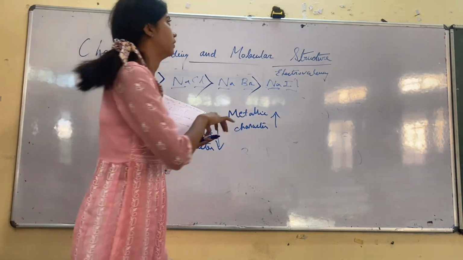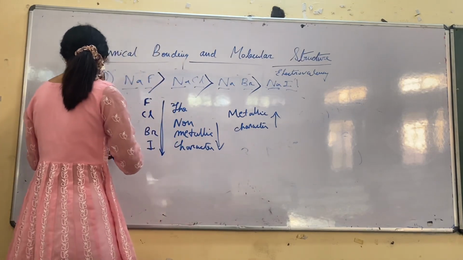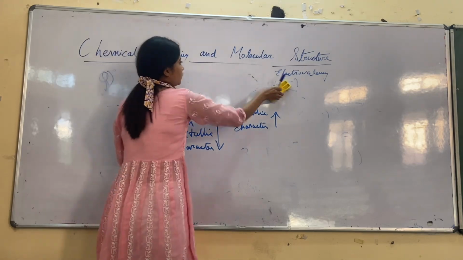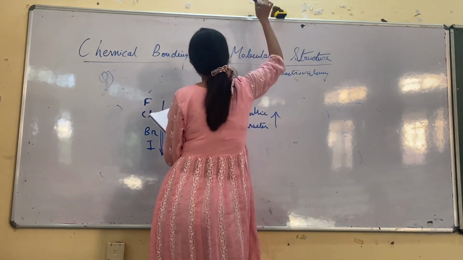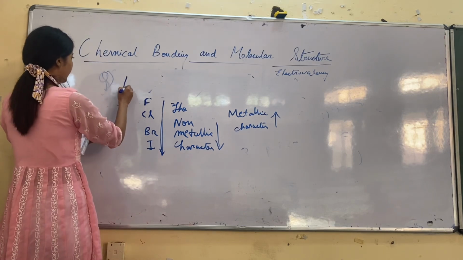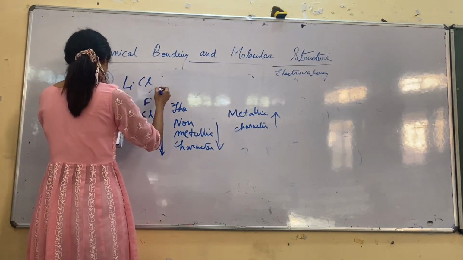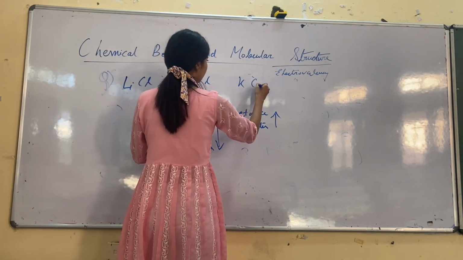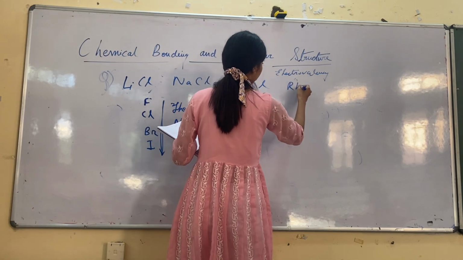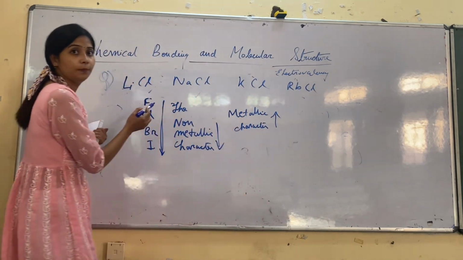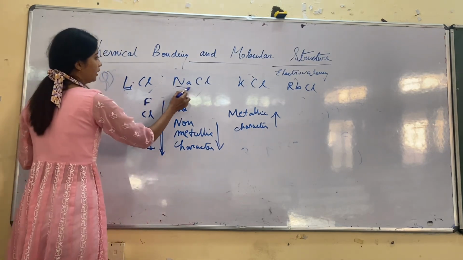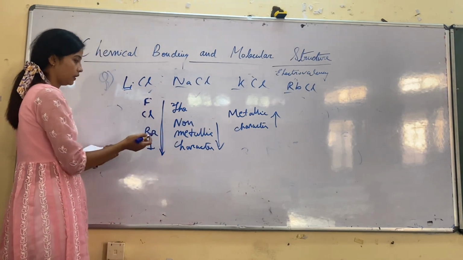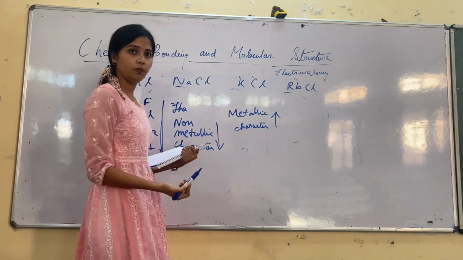We are going to take another question. Let us consider the next question: LiCl, NaCl, KCl and RbCl. Here we can see the non-metal is the same, but the metals are different. So how do we determine the ionic character? As I said previously, the metallic character down the group increases.